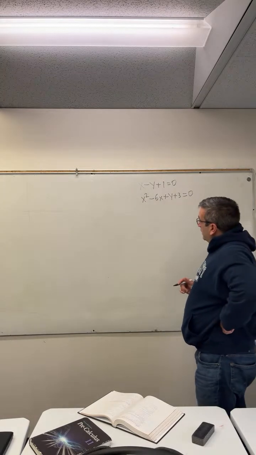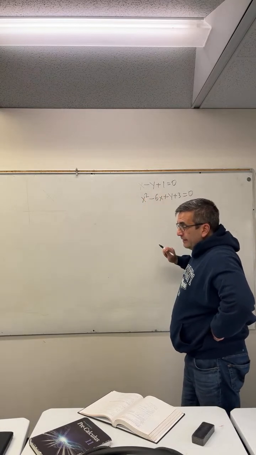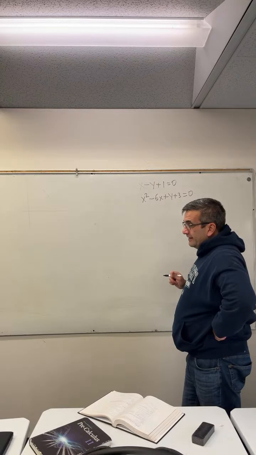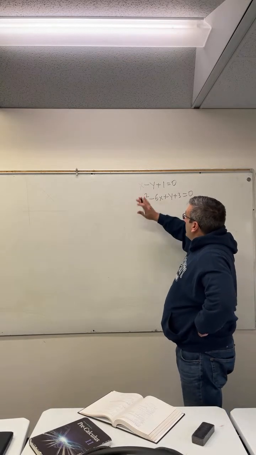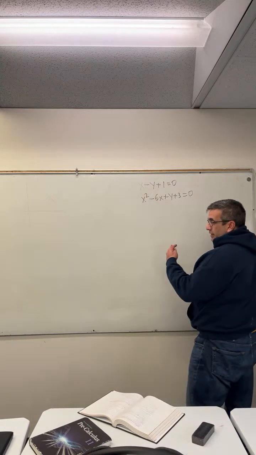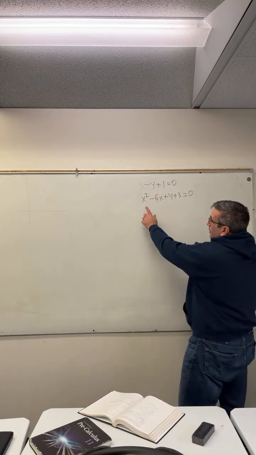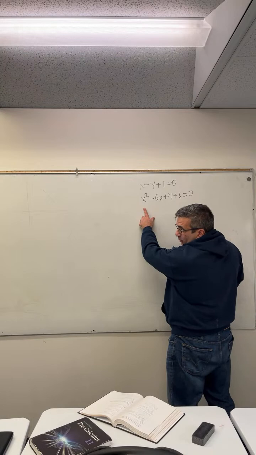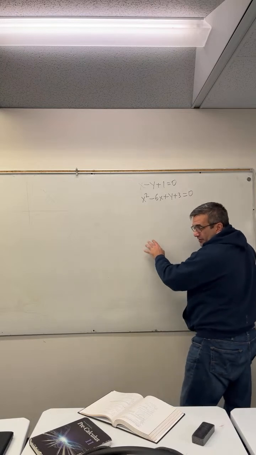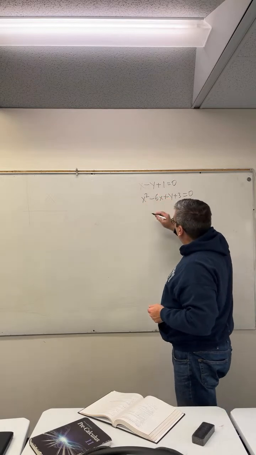So which one are we going to express, x or y? I want to express y. They both have a coefficient of 1, so theoretically we could choose either one, but in the second we have x squared, so we don't want to complicate ourselves, because you have to square after.